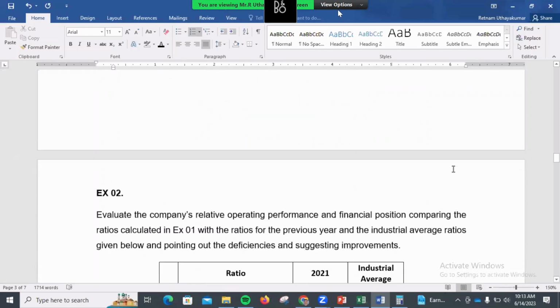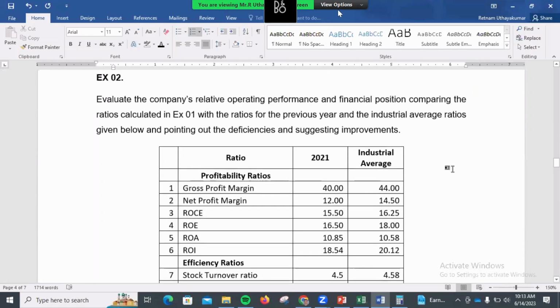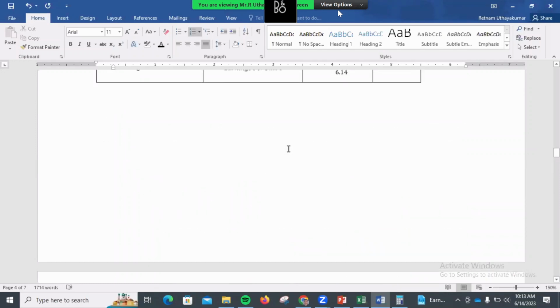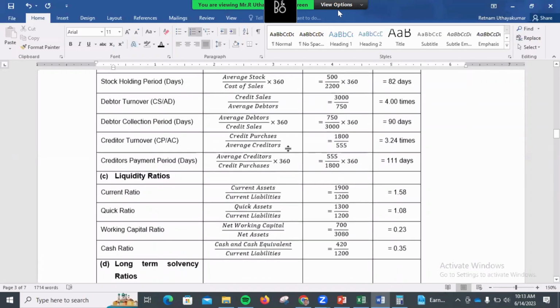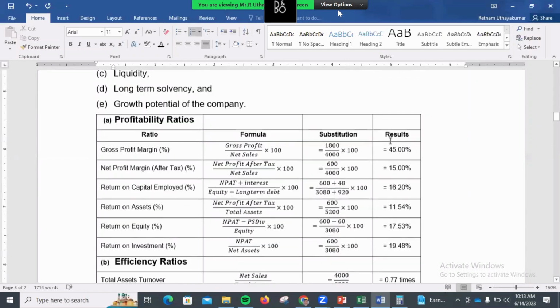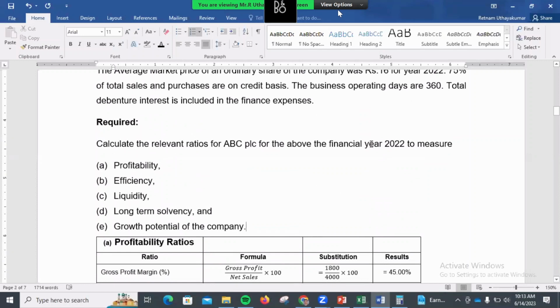Right. So what is the next question? Evaluate the company's relative operating performance and financial position, comparing the ratios calculated in example 1 with the ratios for the previous years and industrial average ratios given below, and pointing out the deficiencies and suggesting improvements. So you have calculated these for 2022.